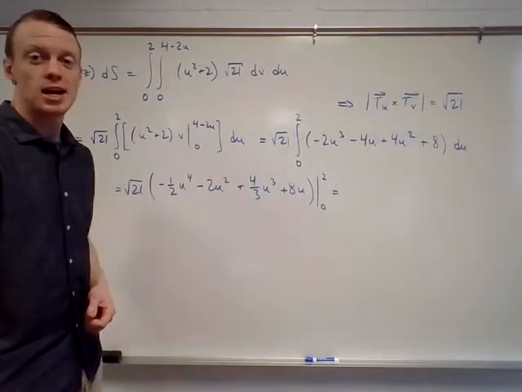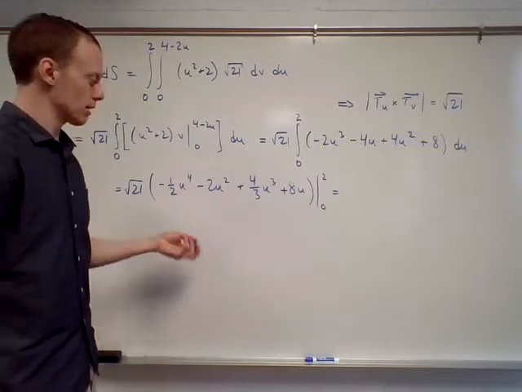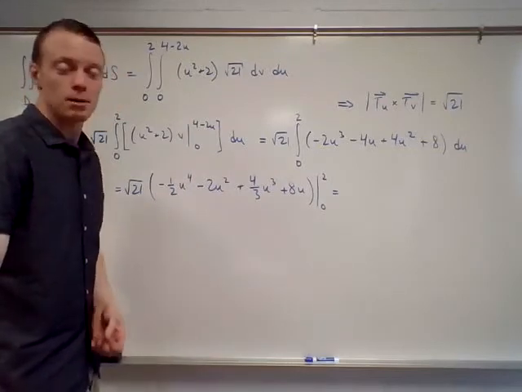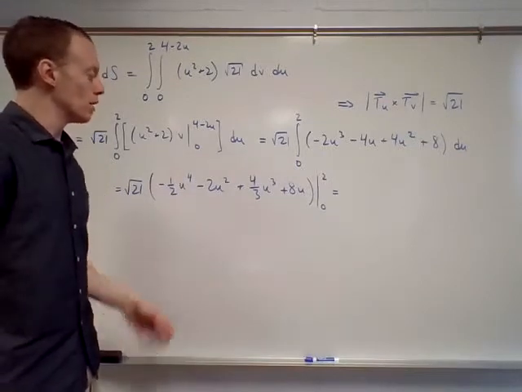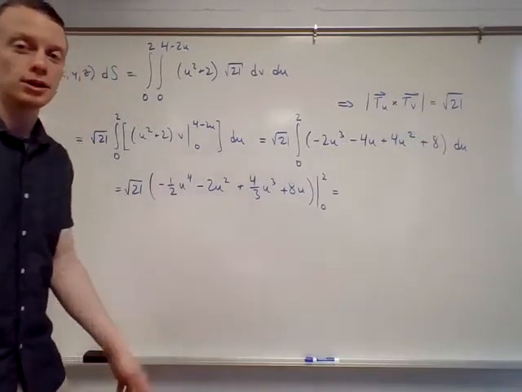If we take our top bound of 2 and plug it in, we're going to get some stuff. If we take our bottom bound of 0 and plug it in, we're just going to get 0. So we just have to see what it all boils down to after we plug in 2.